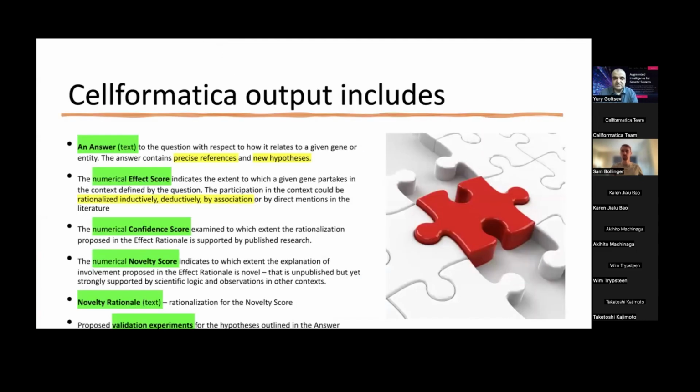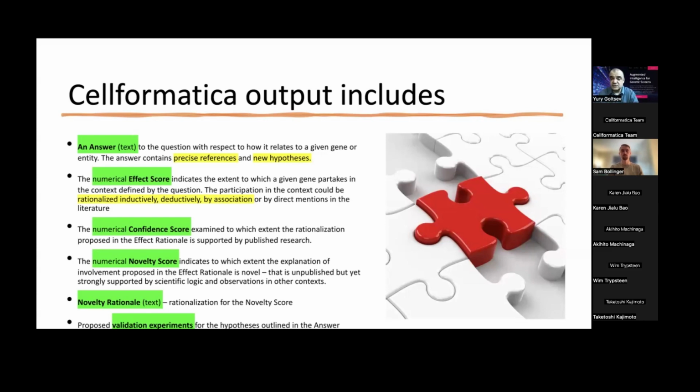So the Cellformatica output will contain, in the most regular implementation, a table, an Excel table with 6 columns. It will have an answer. It's a detailed text where Cellformatica builds new hypotheses and justifies the involvement of a particular entity in the question. There will be an effect score to which extent it believes the entity is involved in the question.